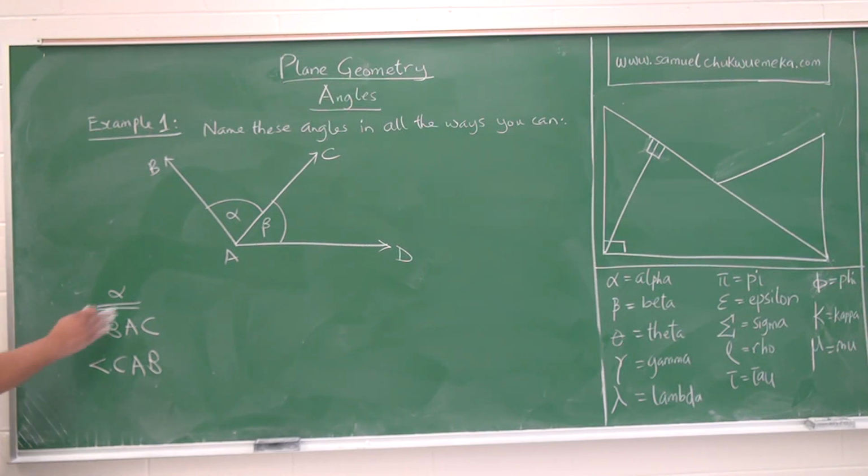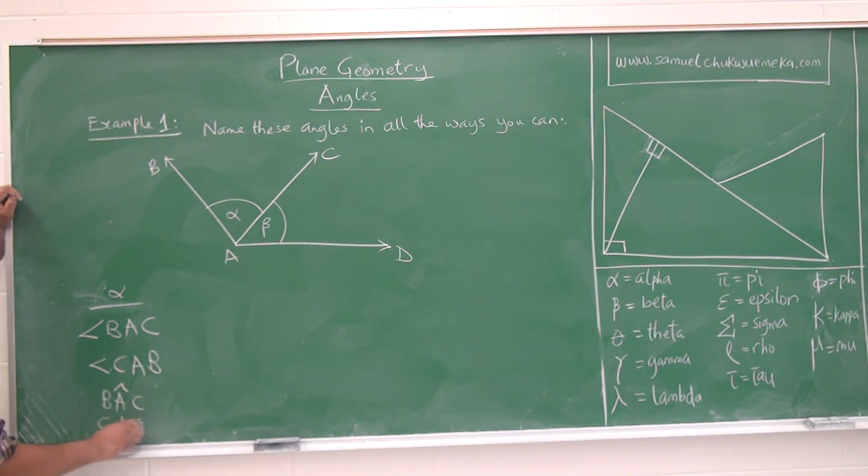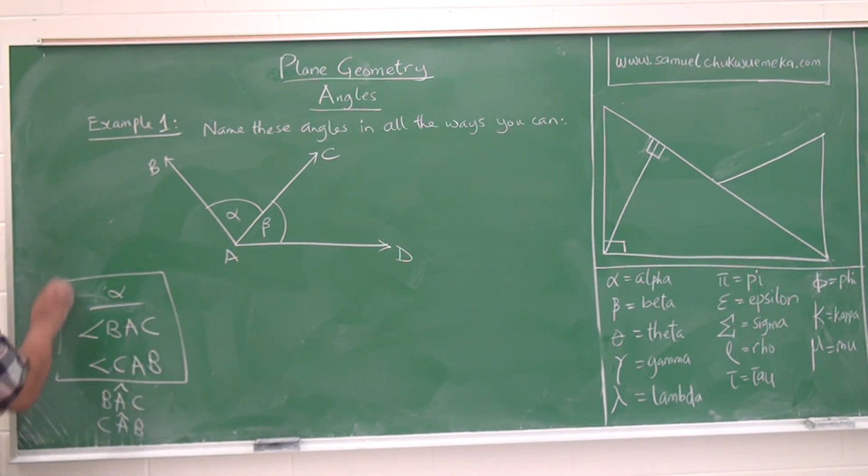And you can just call it angle alpha, or just say alpha, because alpha is an angle anyway. So it could be angle BAC or angle CAB. Now, some other people might write it with a symbol placed over the letters, but for this video, I will be using just this, because this is more popular here.